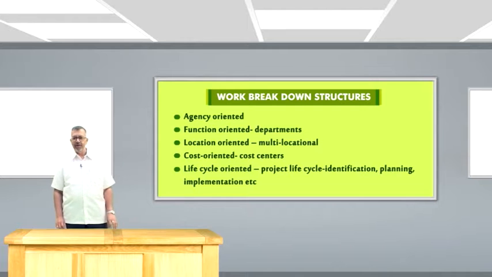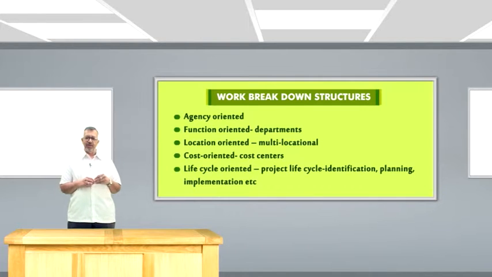Yet another way of understanding work breakdown structures is based on location, and some projects involve multi-locational activities. So, we can identify them by associating with them the location in which the activities are carried out.